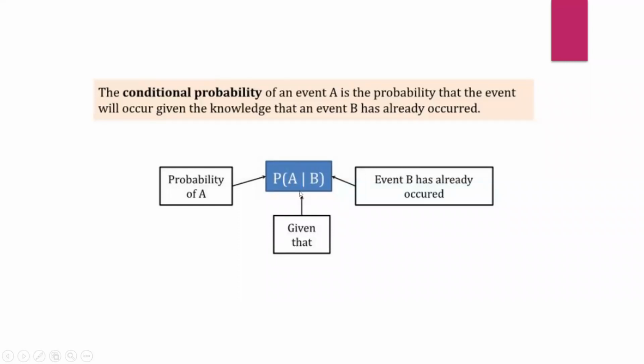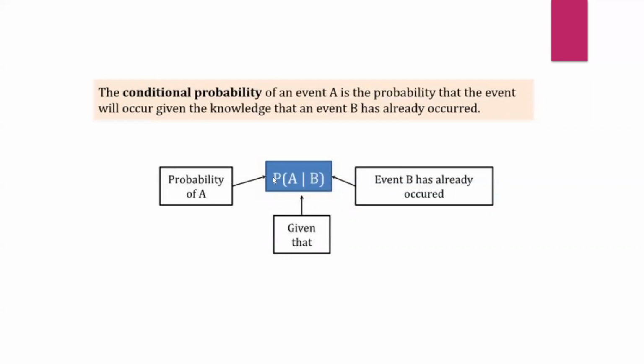Conditional probability is written this way: P, A, and then you can see a vertical line here, then B. What does that mean? P of A given B, which means the probability of A given that event B has already happened. Whatever we write after the line has already happened.